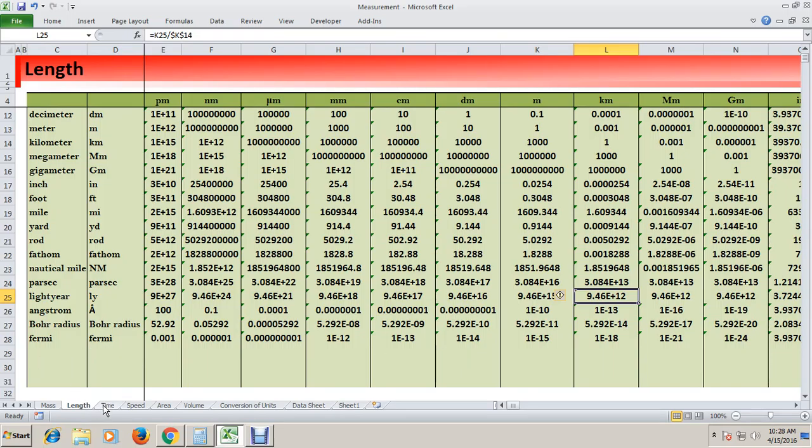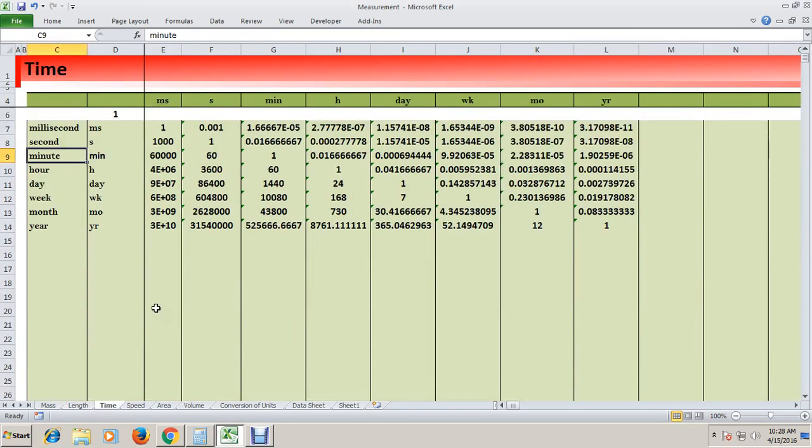Okay, so let's have the units for time. Again, what you see on the board are the common units for time. We have the millisecond and the second. The second, by the way, is the standard unit for time for both the International System of Units, or the metric units, and the English or British System of Units.